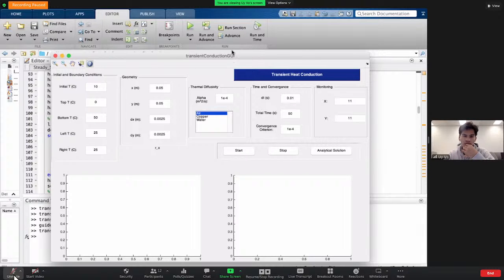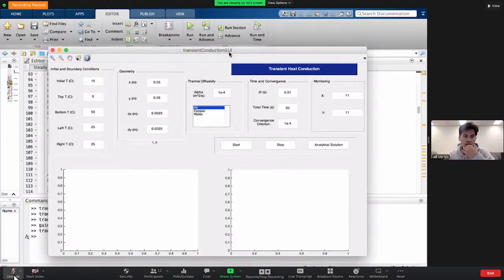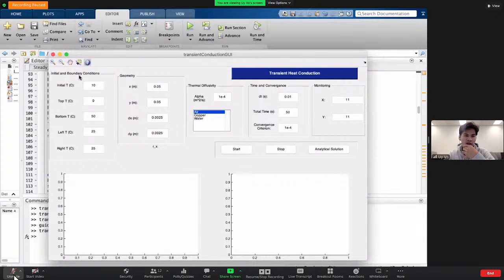And here we have the initial and boundary conditions. I will take the initial temperature in our domain as 20 degrees, and the top is 0, the bottom is, let's say, 60 degrees, 10 and 10.